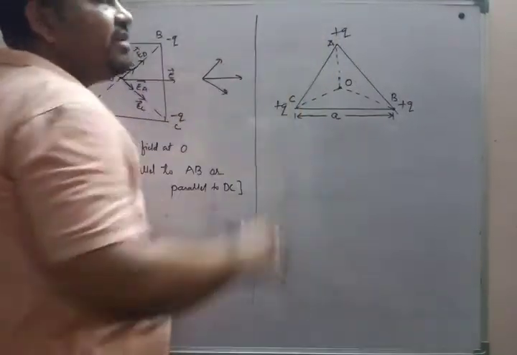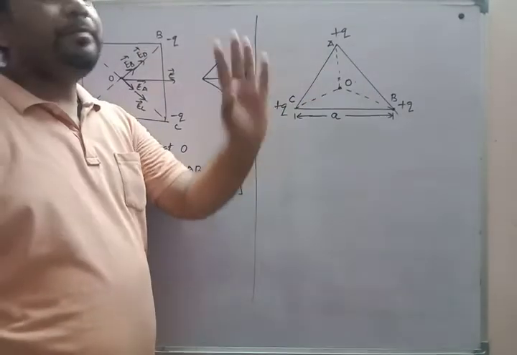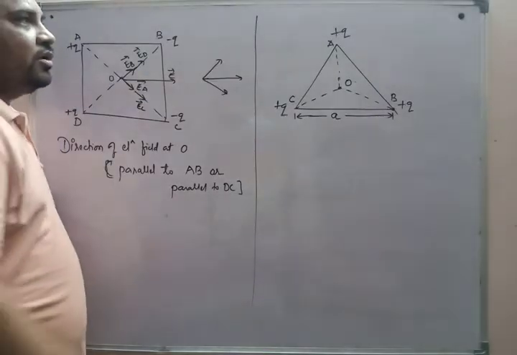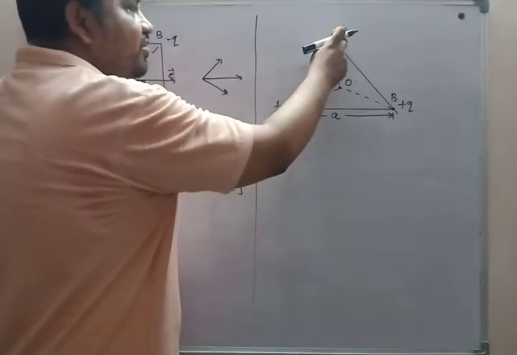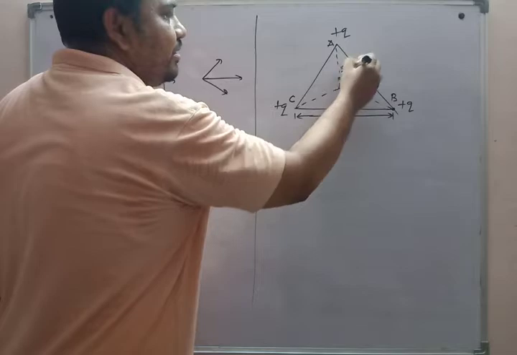Because it is an equilateral triangle, point O represents the center of the triangle, so the distance of each vertex from the center is equal to R.